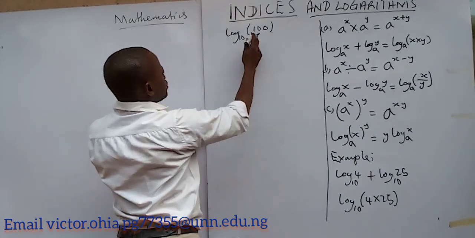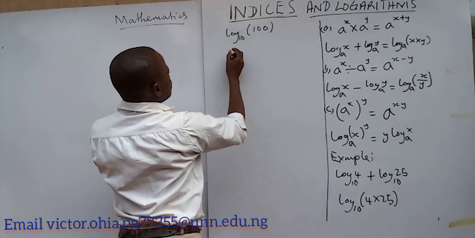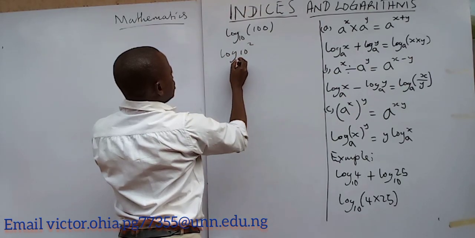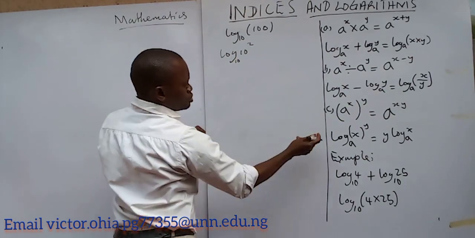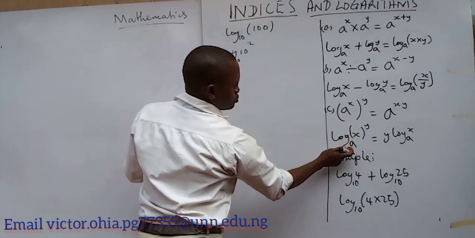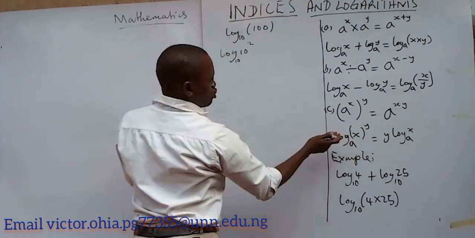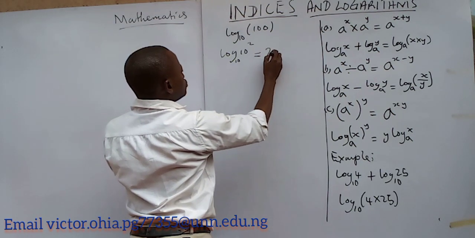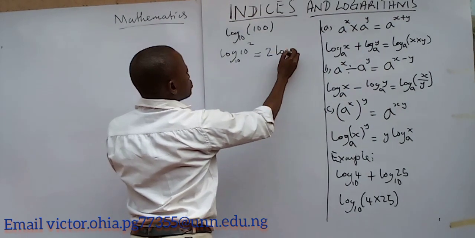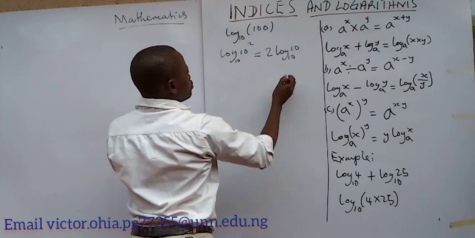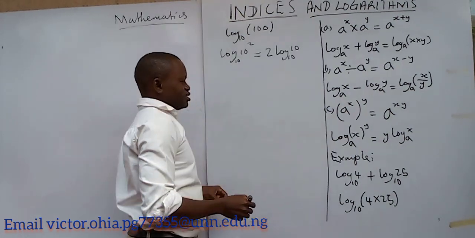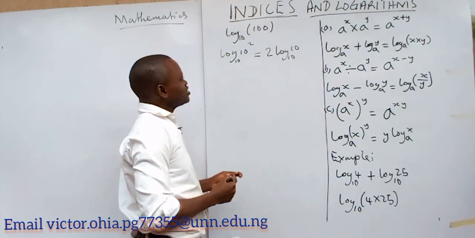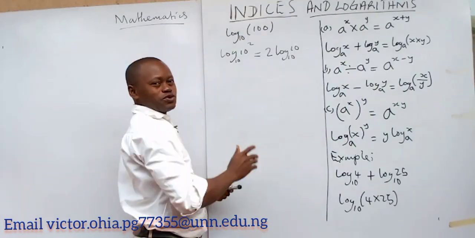Do you know we can rewrite this 100 as 10 squared, log of 10 squared in base 10? Now, do you see that this rule will come in, and we are going to have 2 log 10 base 10. I was even able to capture one more rule, so I will use it and enter that rule.